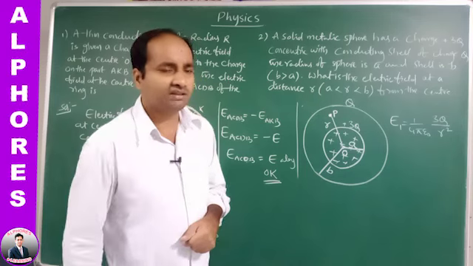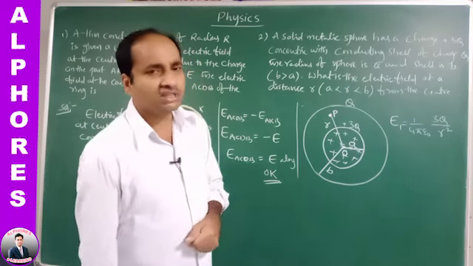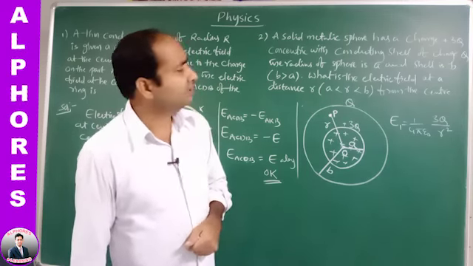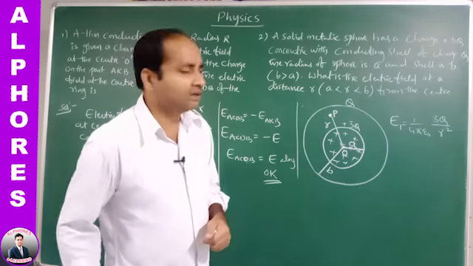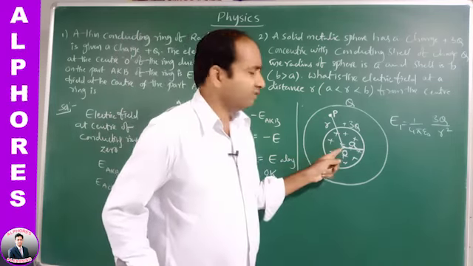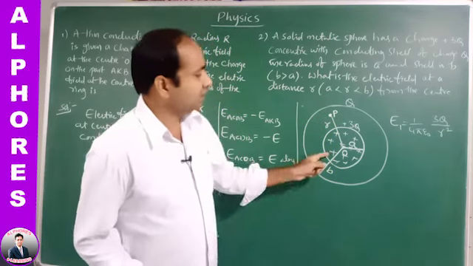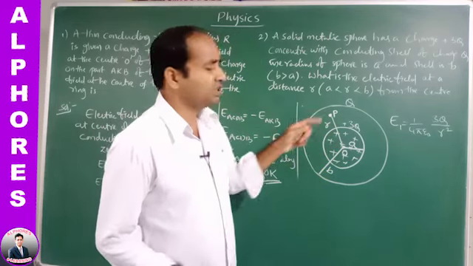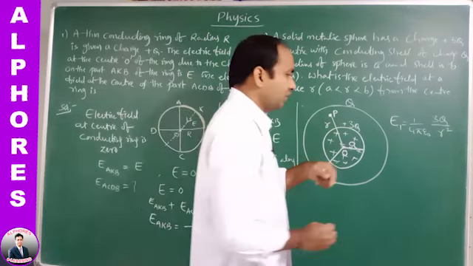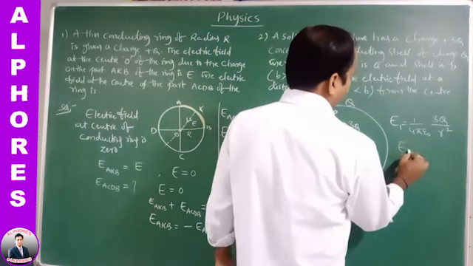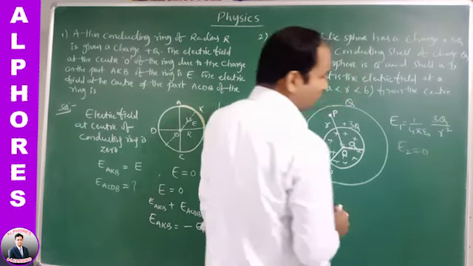Then what is the total electric field here? The total electric field becomes only the electric field formed by the solid sphere at the point P. Therefore, due to the conducting shell, E2 is equal to 0.